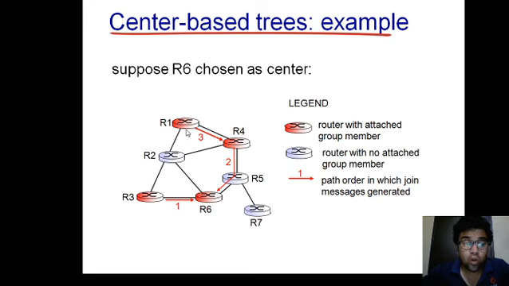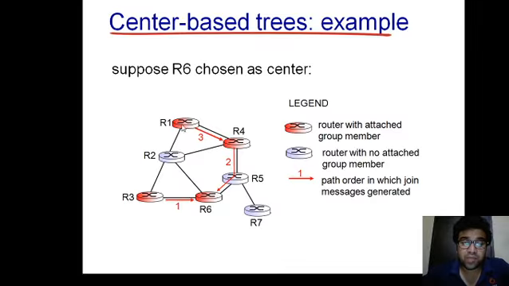All the routers which have multicast group members will send a unicast message, or tree join message, to this router. As R3 sends a message to this router, this branch will become part of that tree.